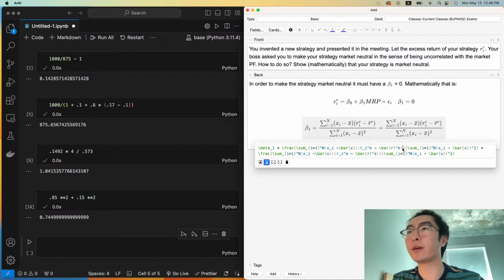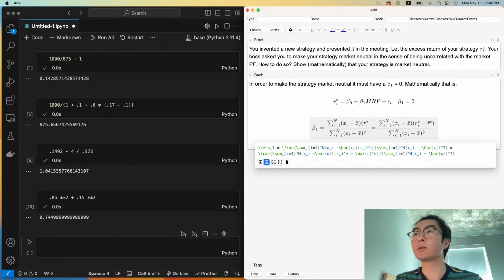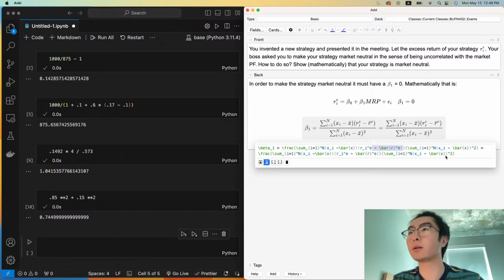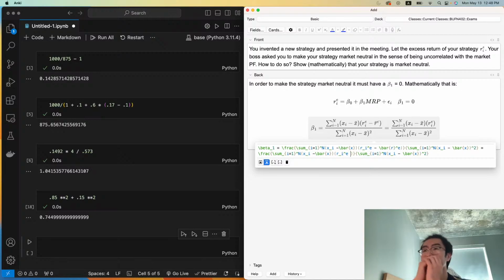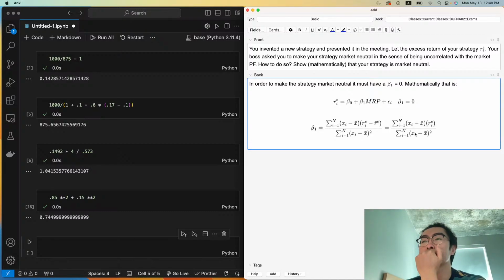We don't want this. Oh, never mind. We don't want this. There we go. In order for beta 1 to be 0, then x_i minus x bar has to be 0. The sum of all x_i minus x bar is equal to 0.